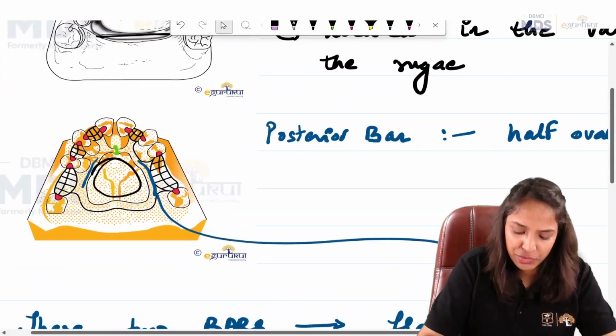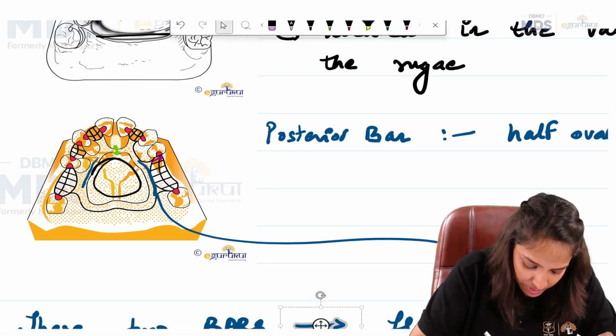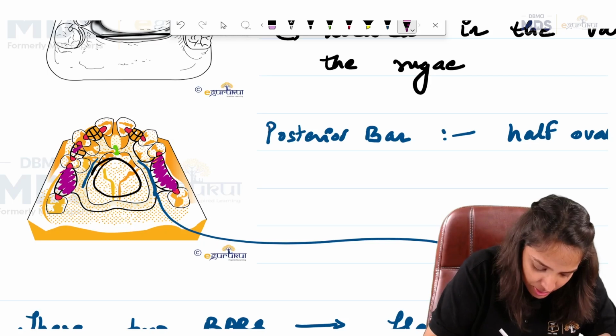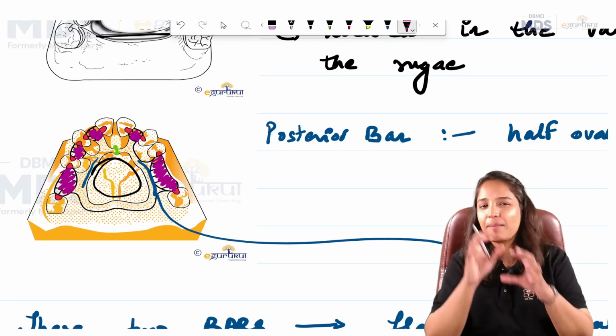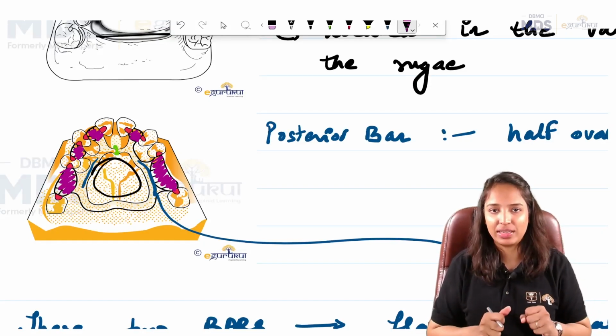As you can visualize over here, I'm going to mark all edentulous areas in purple. You can see one area over here, you can see one area over here, then other areas that are located anteriorly. Now you can see there are multiple small edentulous spaces and the abutments are widely separated like this.